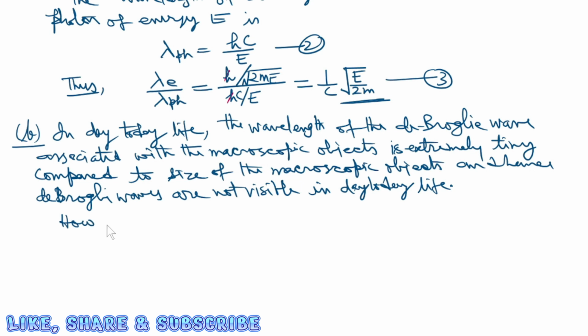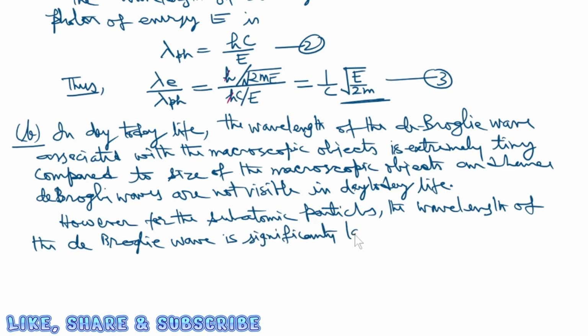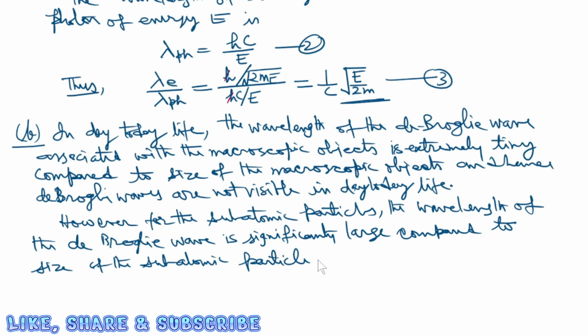However, for the subatomic particles, the wavelength of the de Broglie waves is significantly large compared to the size of the subatomic particle, and hence wave nature dominates over the particle nature.